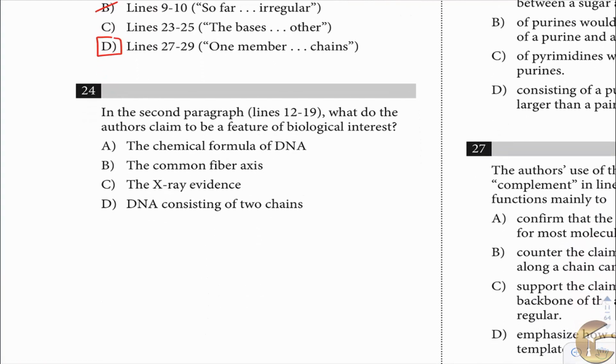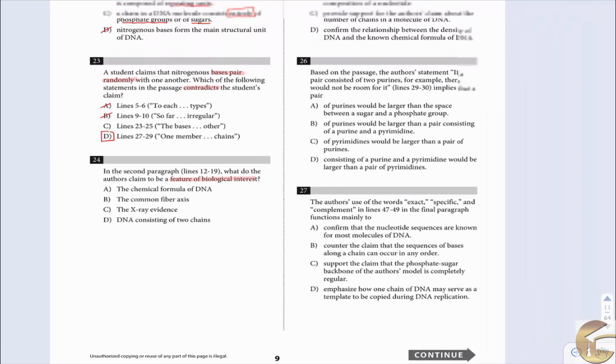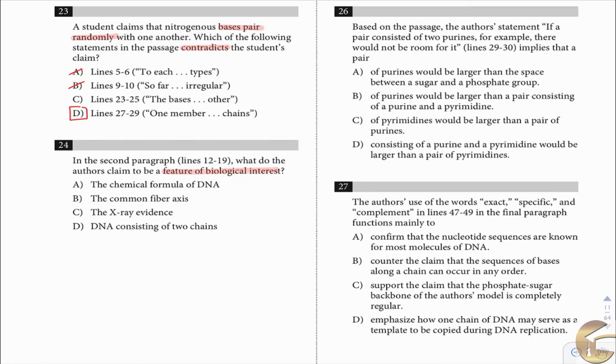Number 24 says in the second paragraph, what do the authors claim to be a feature of biological interest? So we're looking for what is a feature of biological interest. With that being said, we read that second paragraph focusing on that.